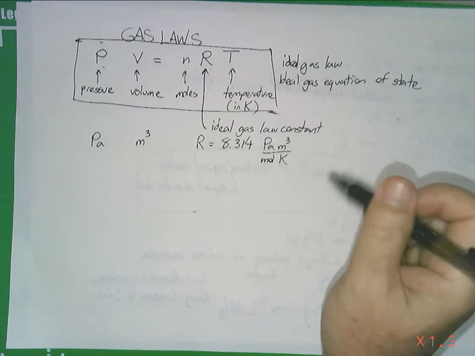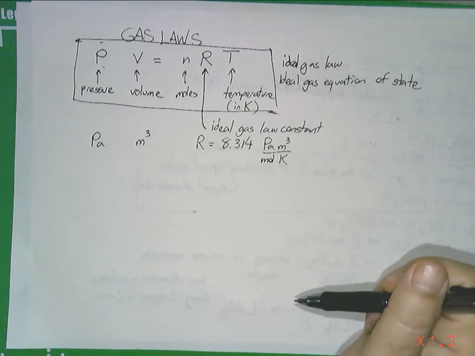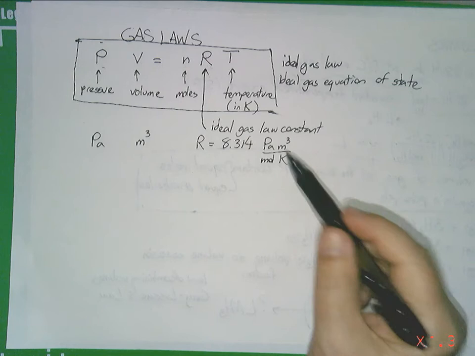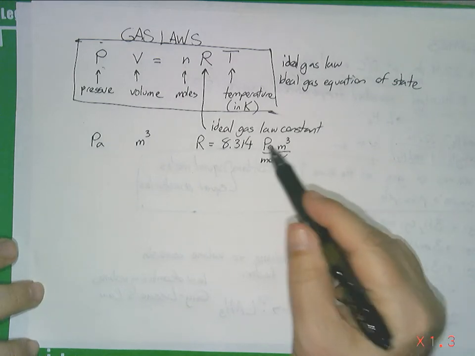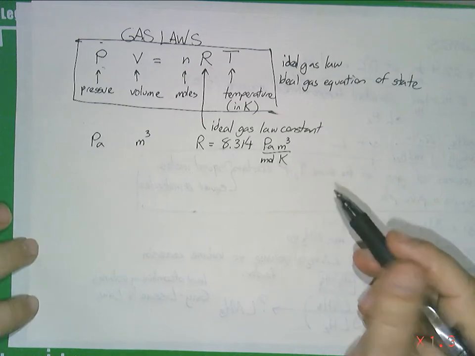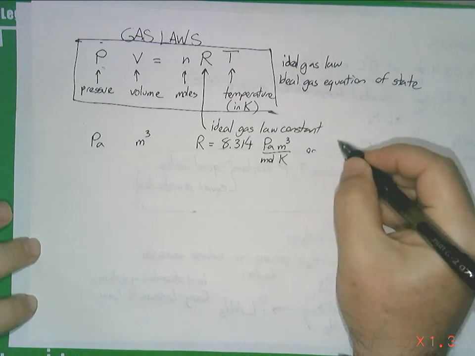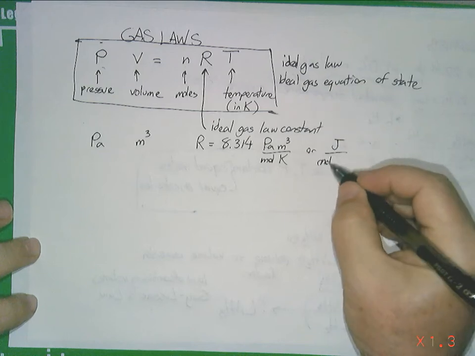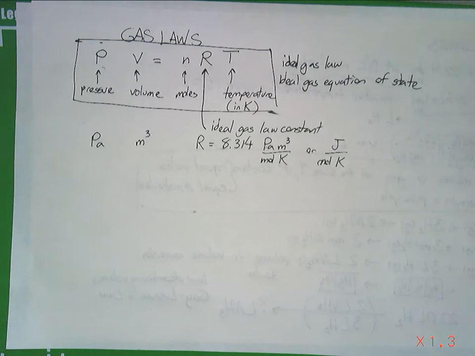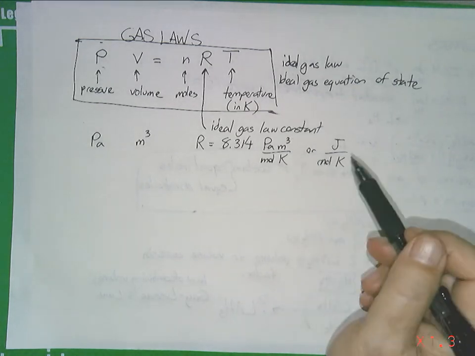Those units are kind of important because they tell you what pressure and what volume units you need to use in the rest of the equation for it to be compatible with this value. Now sometimes if you take a pascal times a cubic meter, that happens to be equal to a joule. So sometimes people will write this unit as joules per mole kelvin rather than pascals times meters cubed per mole kelvin. So you can see it either way.